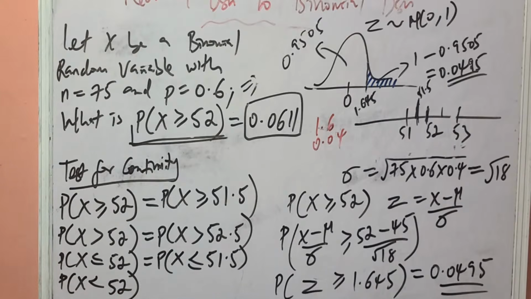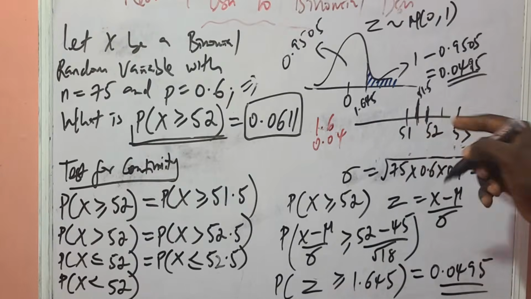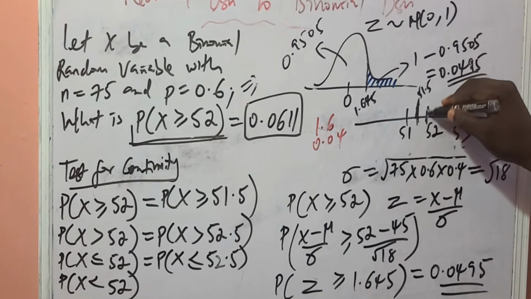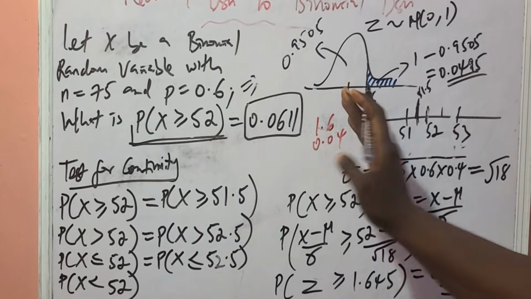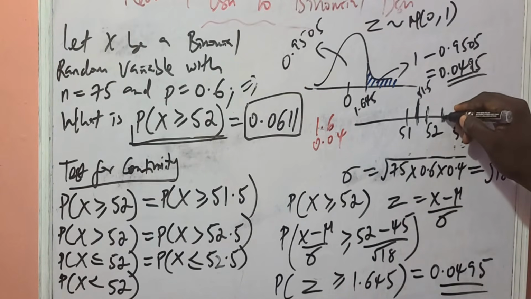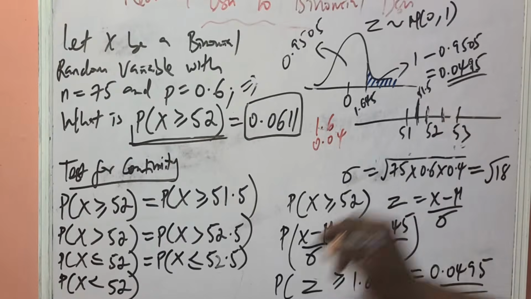Oh, sorry, I think I made a mistake here. What I did in this third one is actually wrong. I'm trying to include all of 52, so this should be 52.5. Let's use this number line. If we're trying to cover from 52 to the left, of course you want to include all of 52, so you want to move it a bit backwards, and in that case you'll be having 52.5.